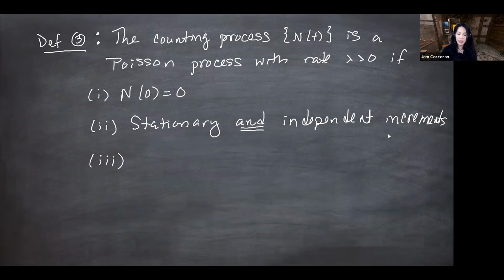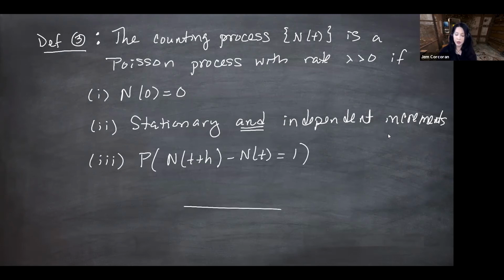So we have a couple of properties here, and that is the probability that N of t plus h minus N of t is 1. I don't know, stochastic people use h for small things that are going to 0. I have no idea why we don't use epsilon. We do for other things, but not for this. So this is talking about having exactly one arrival in an interval from t to t plus h.